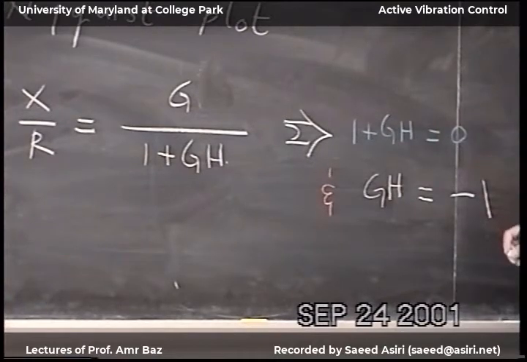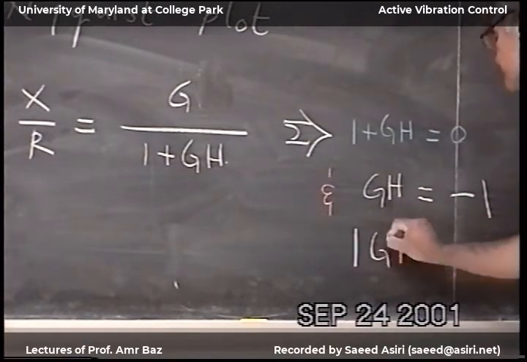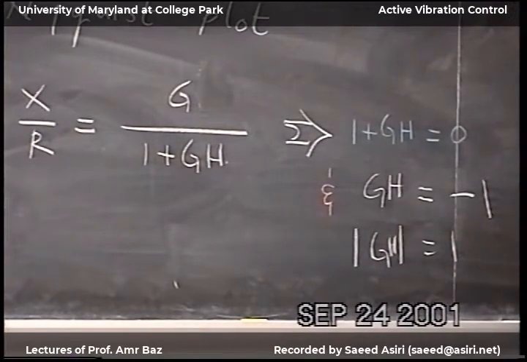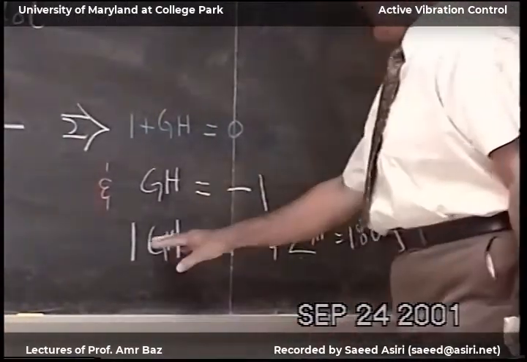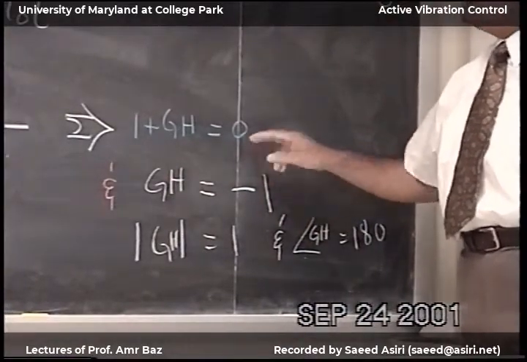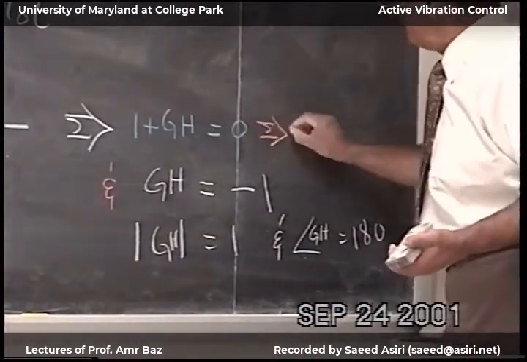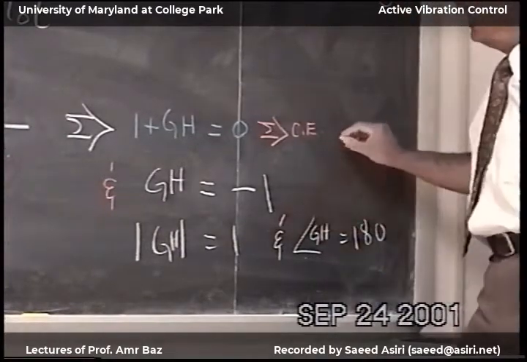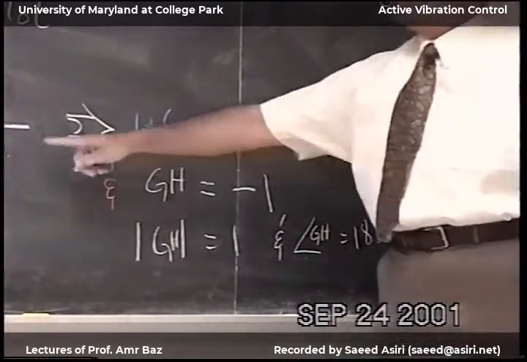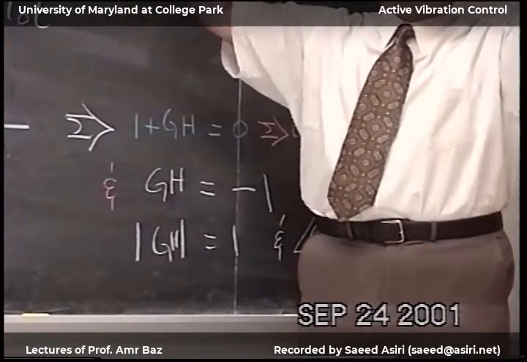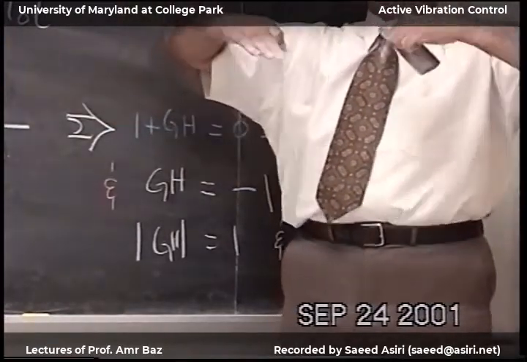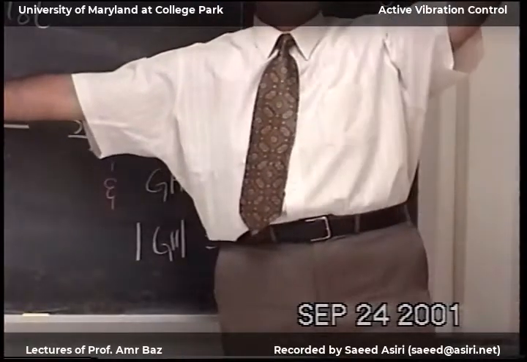Okay, so this says that the magnitude is 1, and the phase angle is 180 degrees. When this is equal to 0, it means I have the characteristic equation, and it means the denominator will be 0, everything will blow up, and the system will become unstable, on the verge of blowing up, and the amplitude will be infinite.